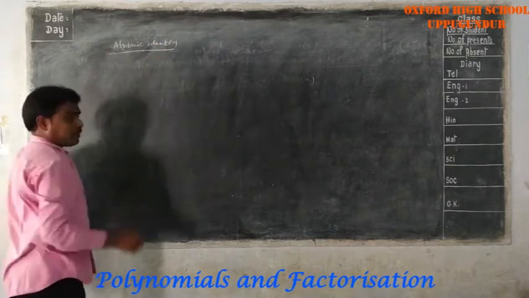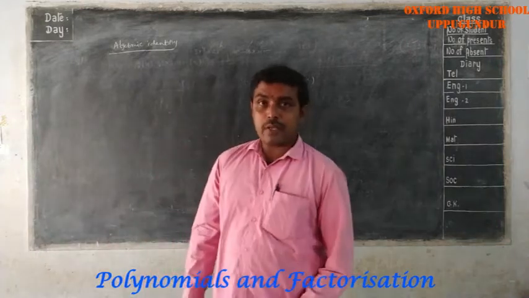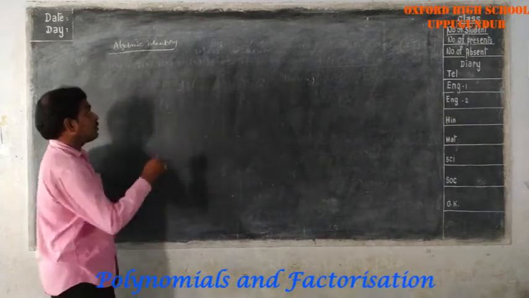So for these algebraic identities, how can you prove them using the geometrical method? Already you learned that in 8th class.